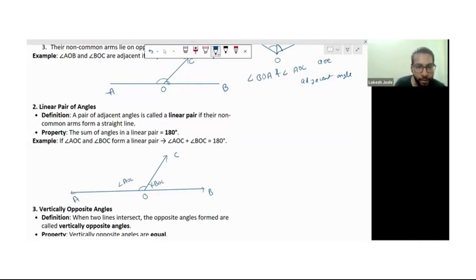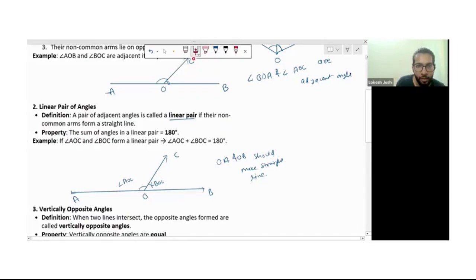But for them to become a linear pair, there is a condition that the opposite arms, which means OA and OB, should make a straight line. That's the case for the linear pair of angles.